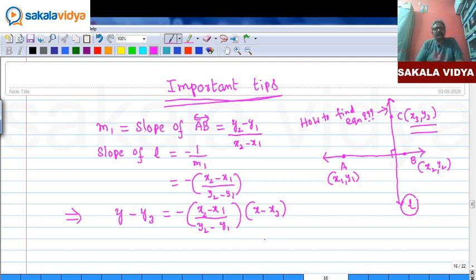What do you get if you cross multiply? y2 minus y1 into y minus y3 equals minus of x2 minus x1 into x minus x3. Okay? Right.